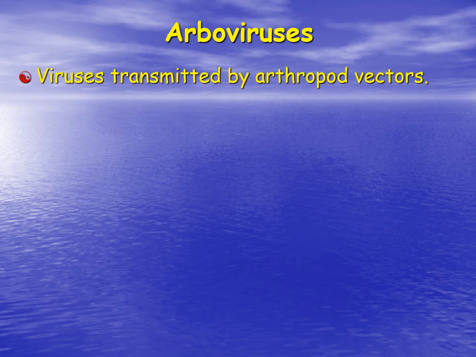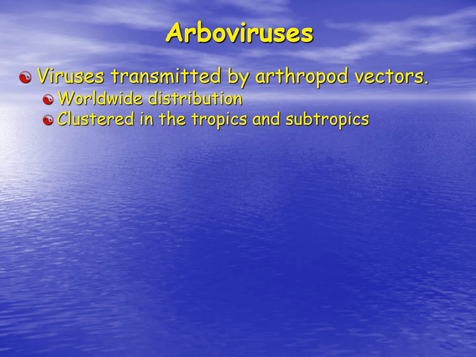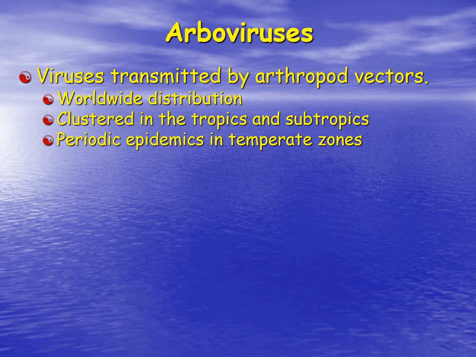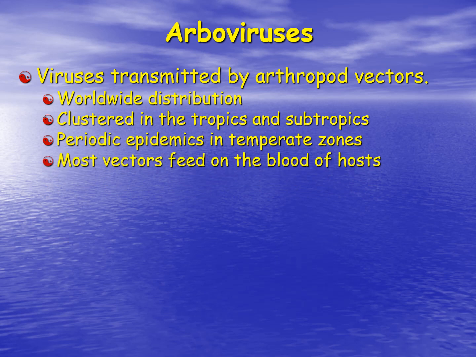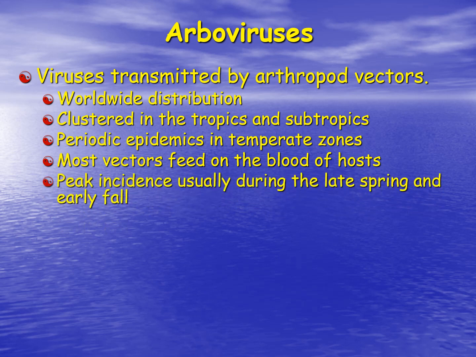The arboviruses are actually transmitted by arthropod vectors. Arboviruses are found everywhere in the world, but tend to be clustered in the tropic and subtropical regions. We do see periodic epidemics, however, in temperate zones like where we live. Most vectors feed on the blood of hosts, so this could be transmitted by mosquitoes, ticks, fleas, even lice.